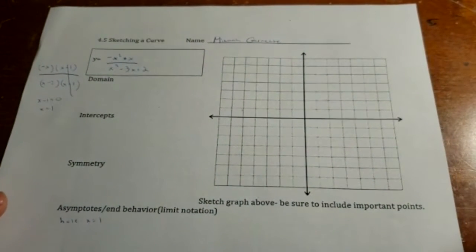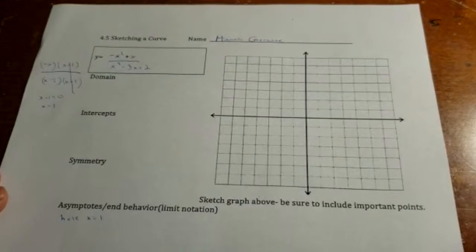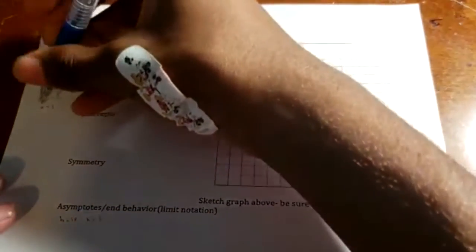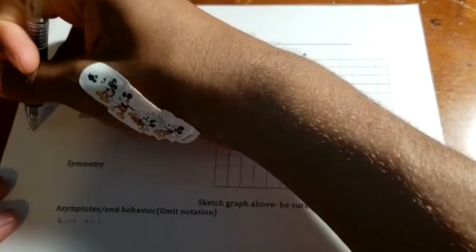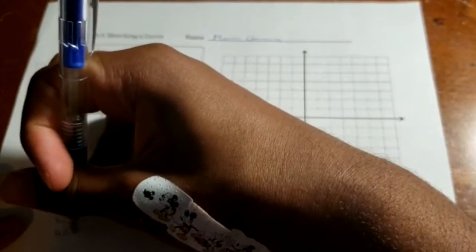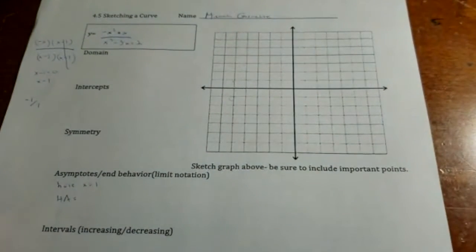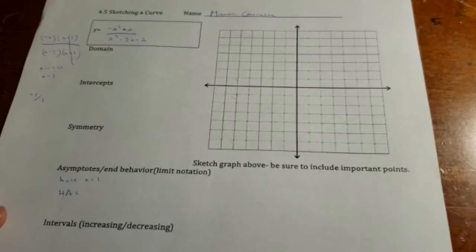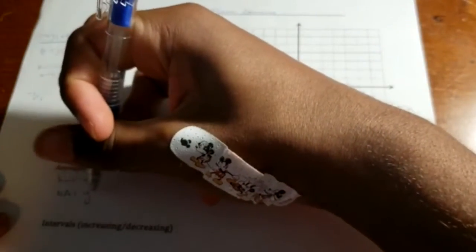And then to find the horizontal asymptote, you look at the degree for the numerator and denominator, and they're both 1, so you can divide their coefficients. So for the numerator, the coefficient would be negative 1, and for the denominator, it would be 1. So your horizontal asymptote will be y equals negative 1.